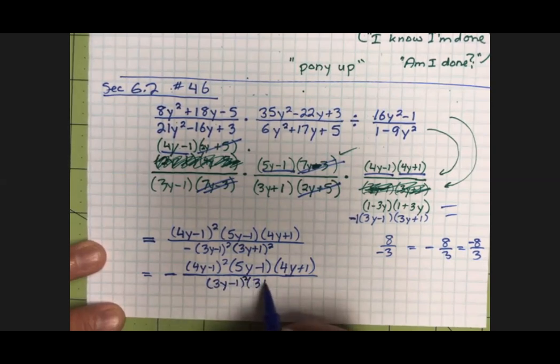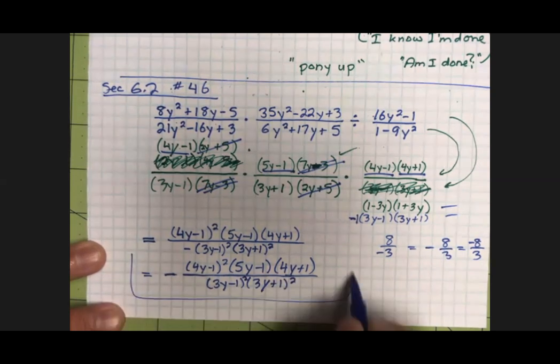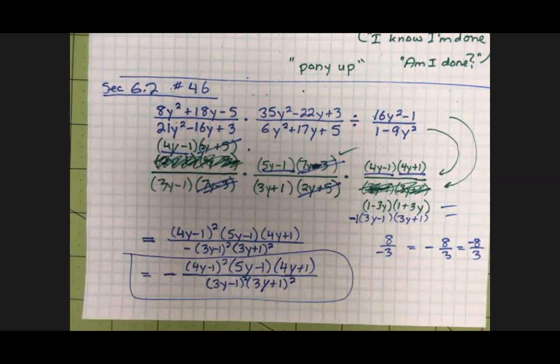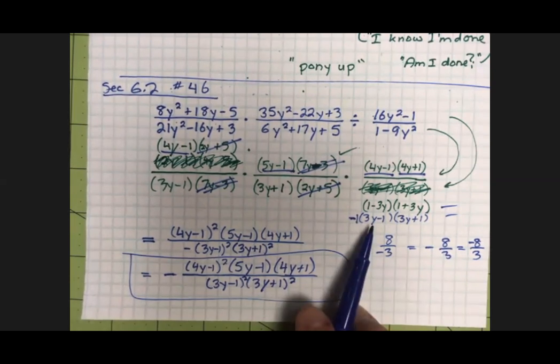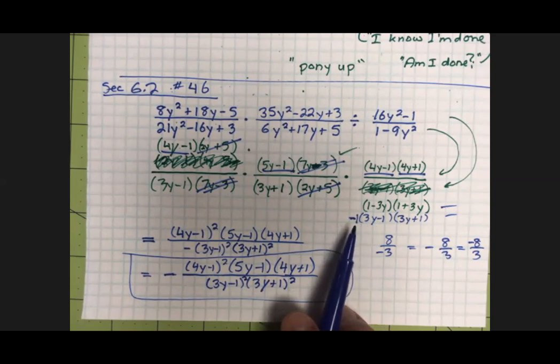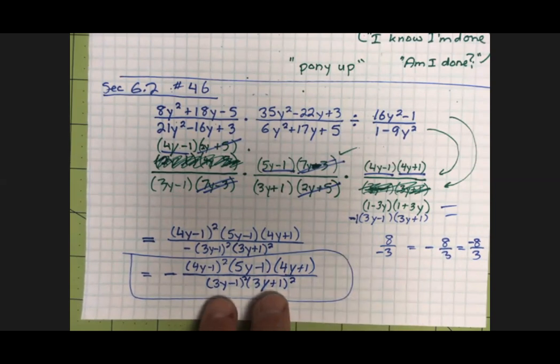So on the bottom, when we start putting everything together, and there's the minus, can that be in a different order? Like, could it be 3y plus 1 squared minus 3y minus 1 squared? Would that be wrong? Almost.